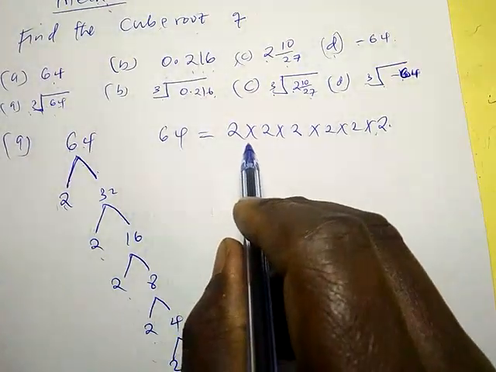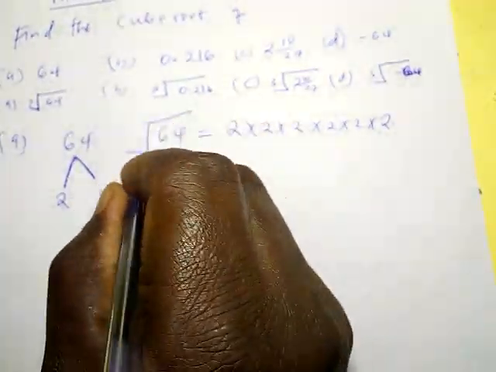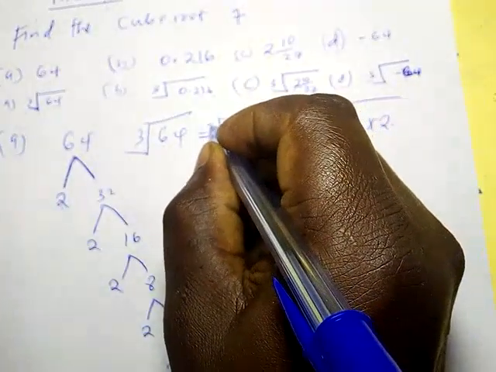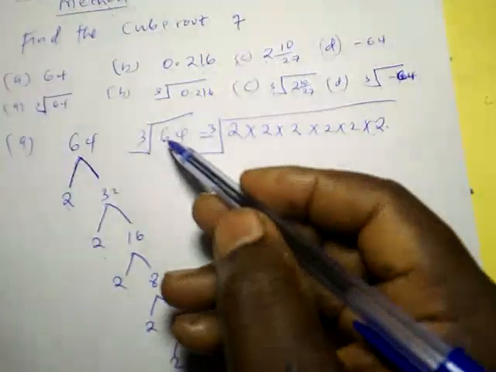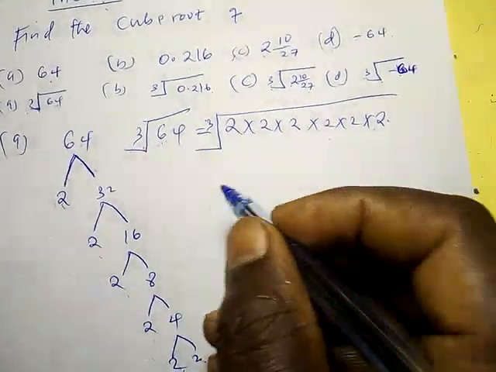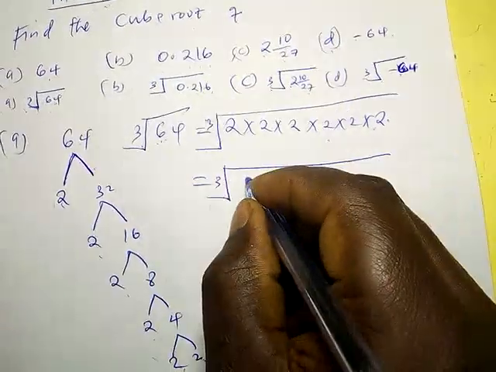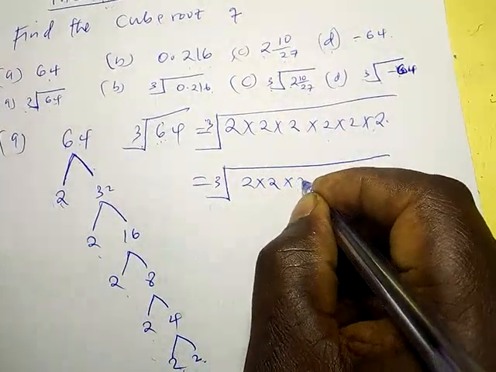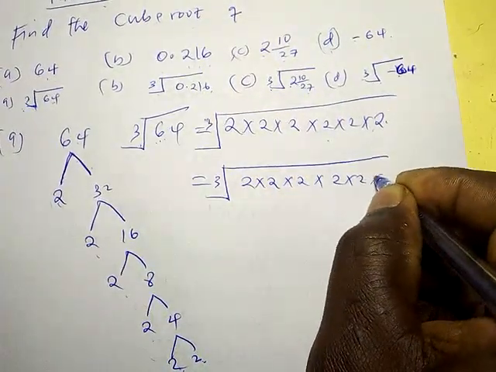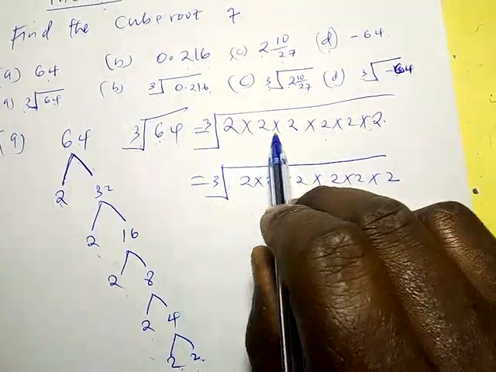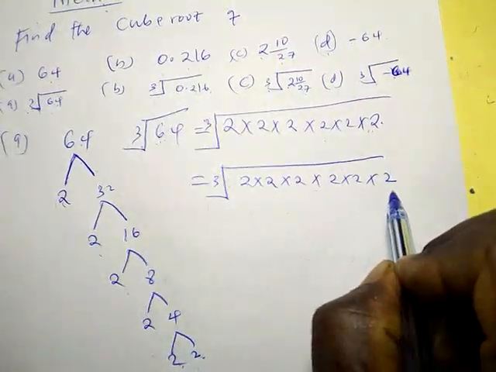Now we are looking for the cube root of 64, which is the cube root of 2 times 2 times 2 times 2 times 2 times 2. There are 6 of them.